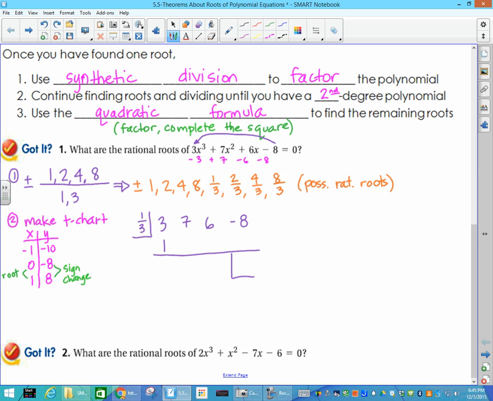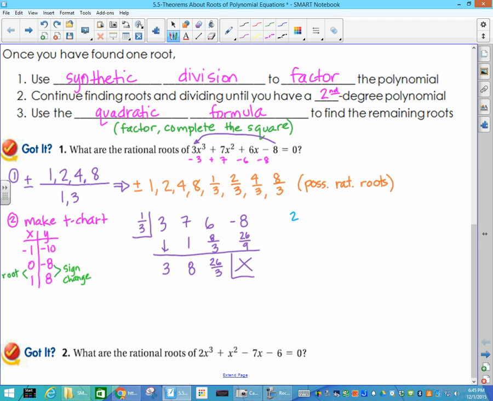So I bring the 3 down first. 3 times 1/3 is 1. 7 plus 1 is 8. 8 times 1/3 is 8/3. And 6 is 18/3, so 18/3 plus 8/3 is 26/3. Now, the next number is 26 over 9, and you don't really have to find it. All you need to know is it's not going to be 0, so you can stop. You don't need to spin your wheels doing something that's not going to work.